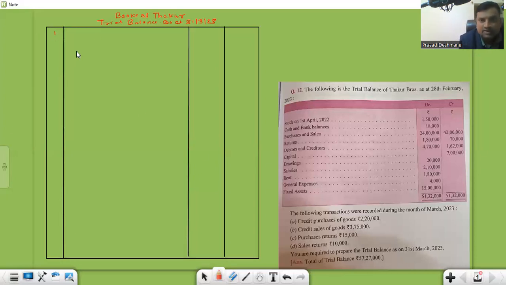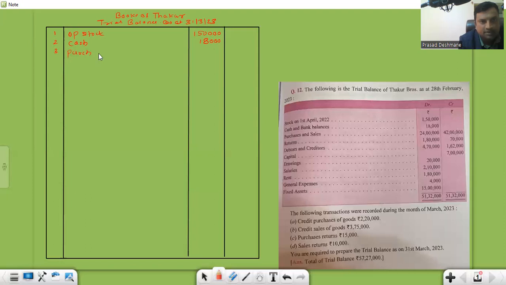First one, what is the thing given? Opening stock, because the date is given as 1st of April. So opening stock is 1,50,000, no tick mark, so I'll put it out. Second one, cash 18,000, no tick mark, can record directly, cash is a debit item. Third one is purchases.